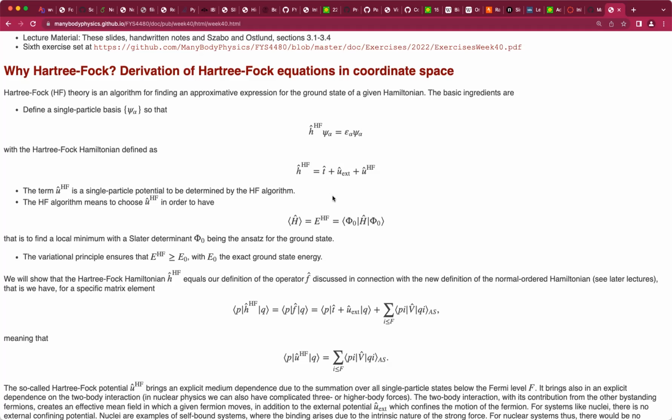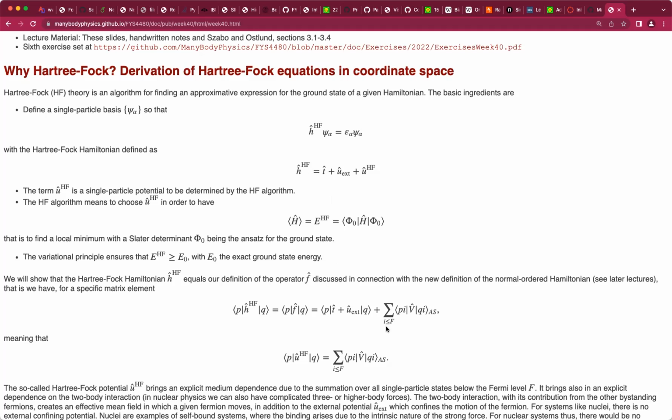So what we are doing now is to actually derive a new set of equations using the variational principle, where we now have a modified single particle Hamiltonian. And you can see now this modification brings in a new potential, which is an effective potential, calculated from the interaction which we have.